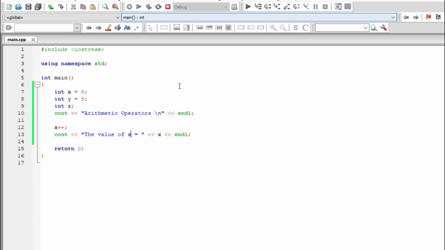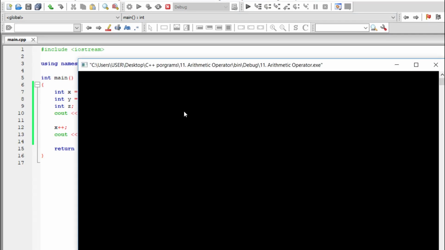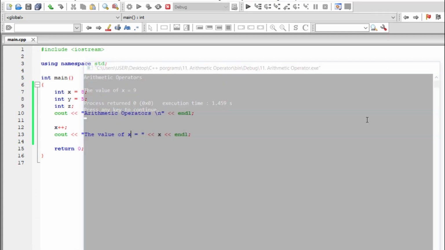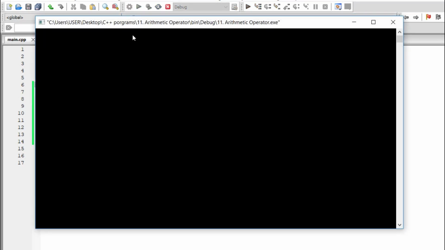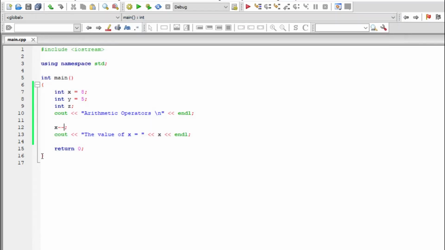So you see it incremented x by 1. Then let's put decrement, and it is going to go down to 7, because x is 8. So the value of x is equal to 7. It decrements the value of x by 1.